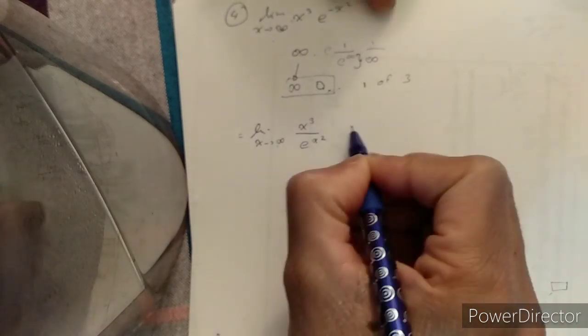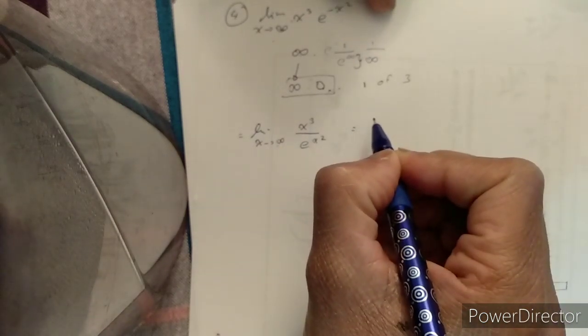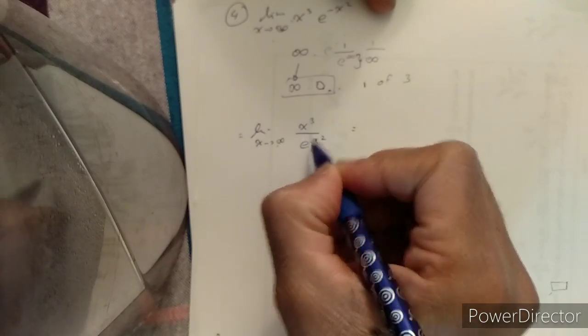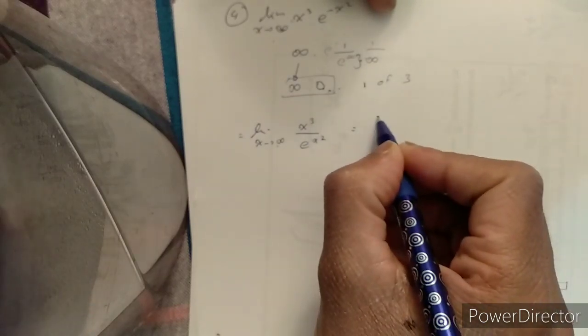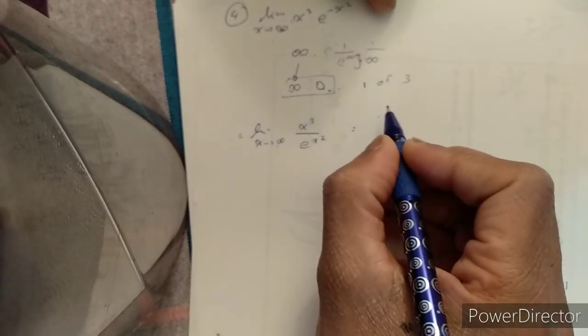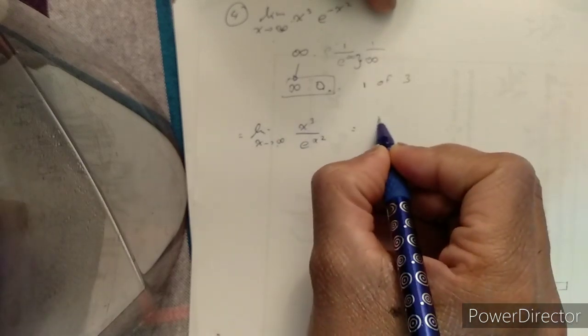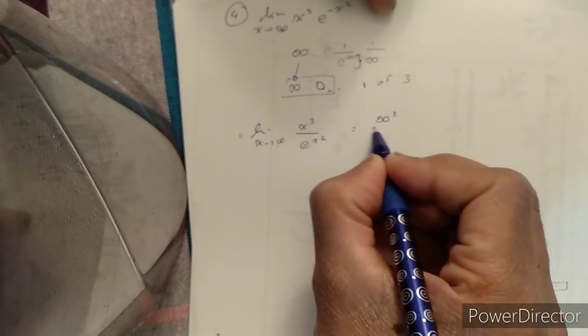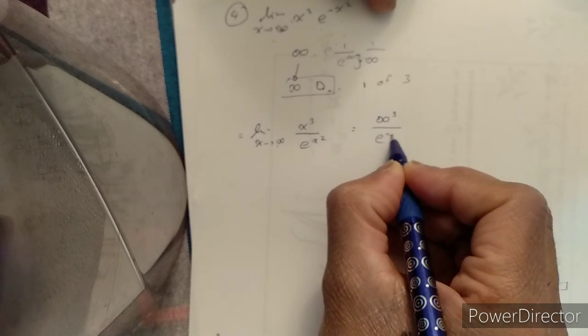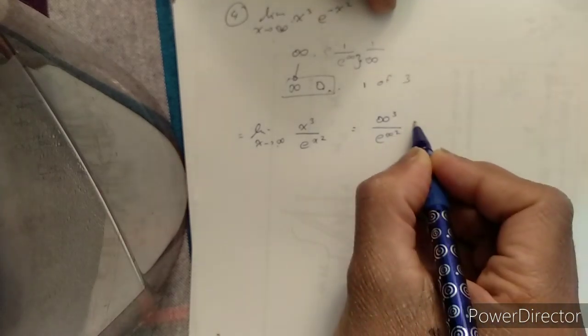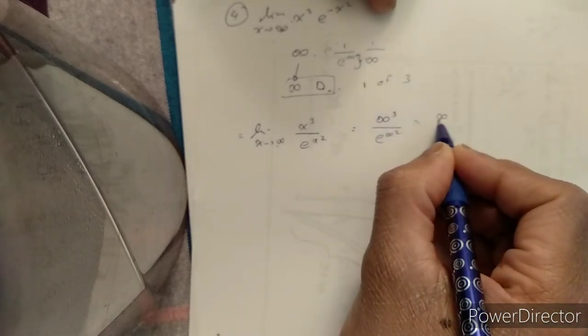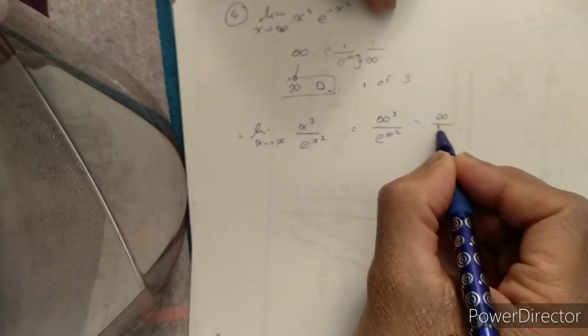Now here, if we separately compute the limits of the numerator and the denominator, in the numerator you will get infinity cubed, and in the denominator you will have e to the infinity squared. That means the numerator is a very large number, and in the denominator also you will get a very large positive number.